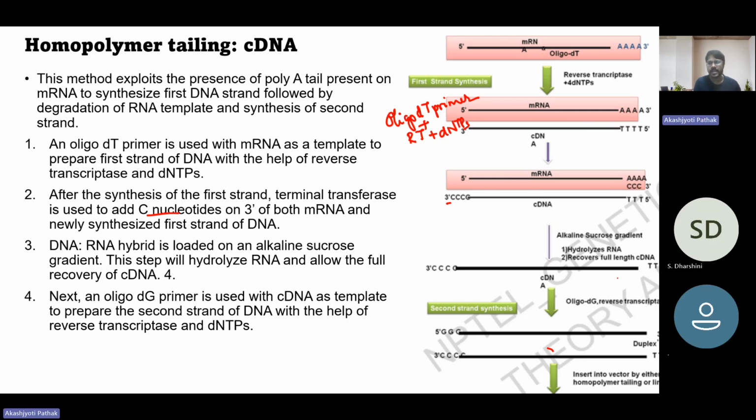So this CCCC will remain at the 3' end, and using an oligo dG primer, you can synthesize the new DNA strand, using this cDNA as a template.